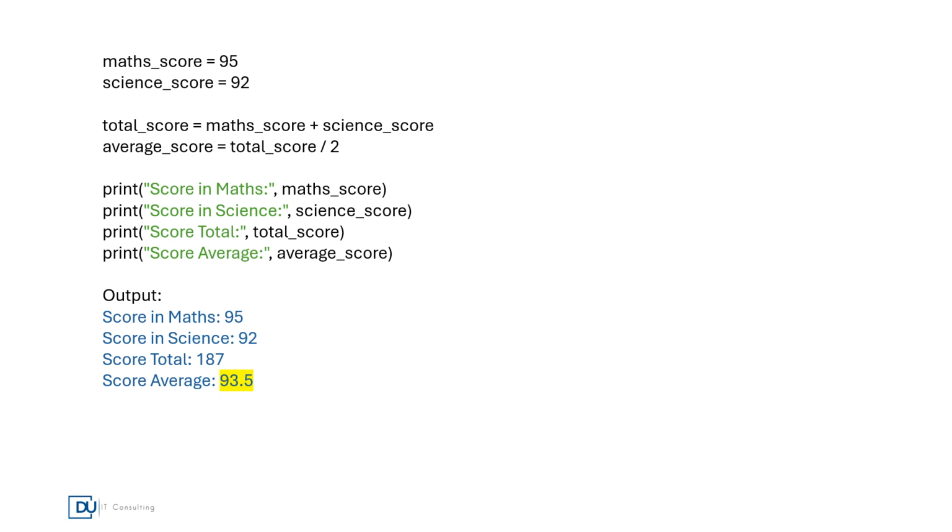In this program, math score and science score are integers, total score is again an integer, but the average score, because we do a division operation, becomes a float implicitly. So it stores a decimal value, as you can see, which is 93.5.